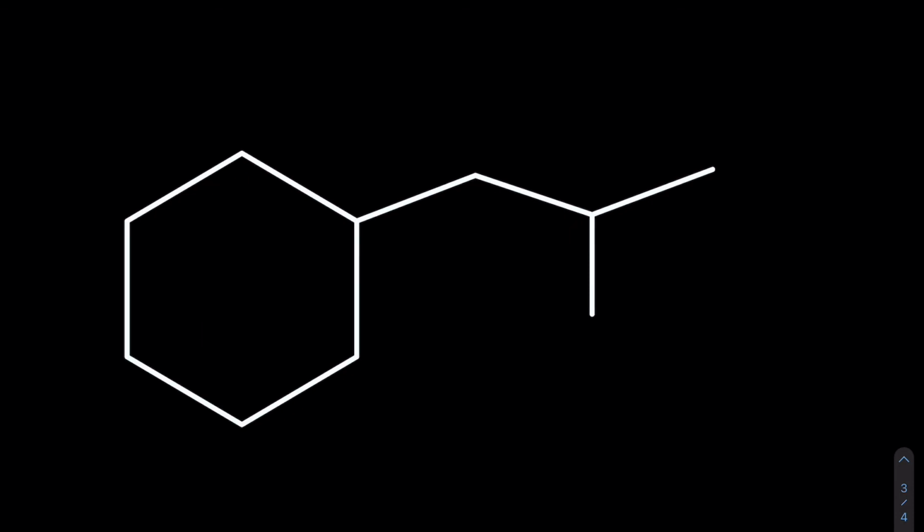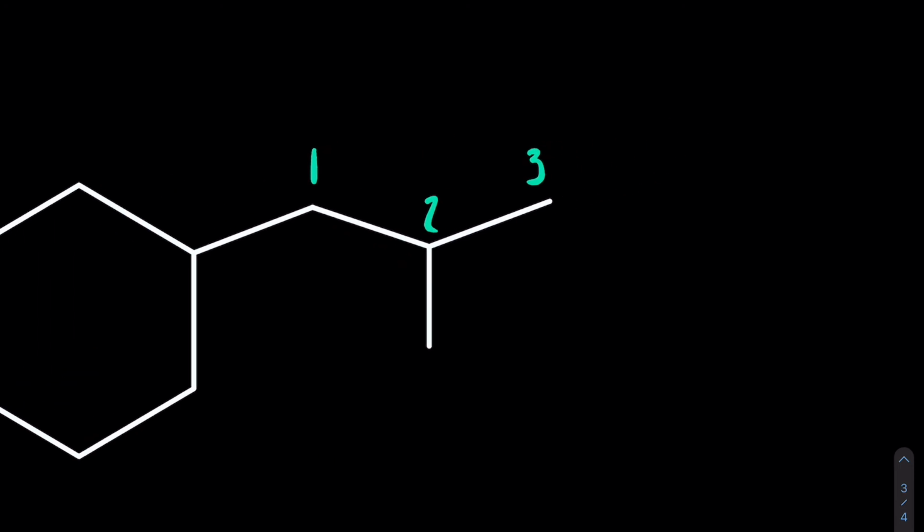When naming this, we see clearly we have a cyclohexane molecule. However, with this alkyl substituent, we have 1, 2, 3, so this is a propyl alkyl group. And we see it has a substituent on it.